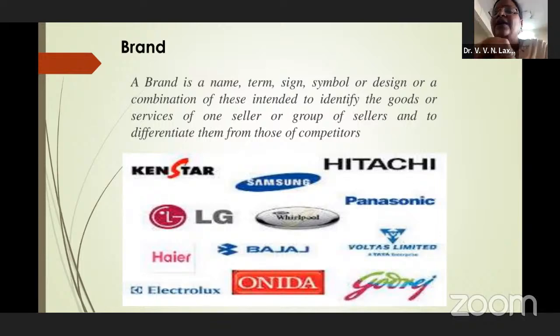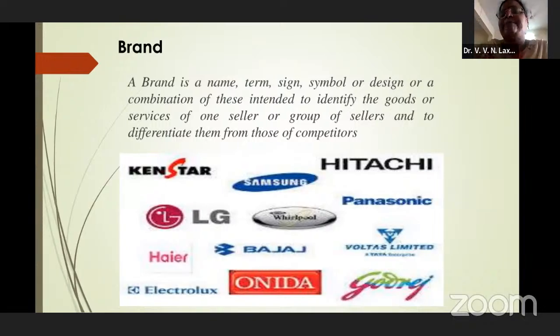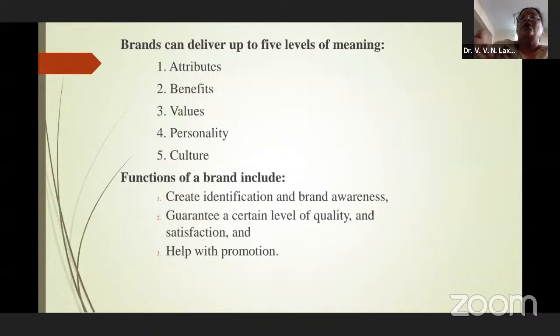I am very clear what product I am referring to and which company manufactures it. And there is every possibility that the competitor's product and our product can be differentiated when these brands are being used. Now, what can a brand talk about?